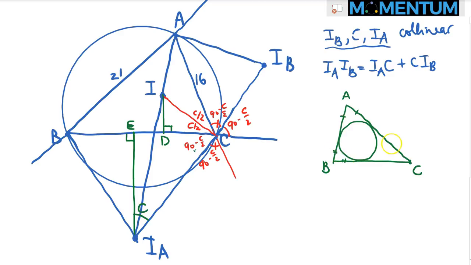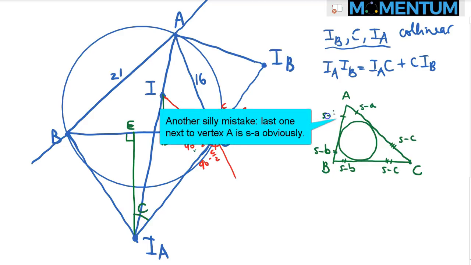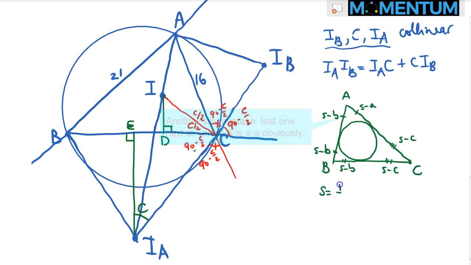Those two distances are equal and this one is equal to that distance. And in fact, we can calculate these distances to be S minus A, S minus B, S minus C, where S is the semi-perimeter, so S is equal to 1/2 (A plus B plus C). Now that's the first fact that I wanted to mention.